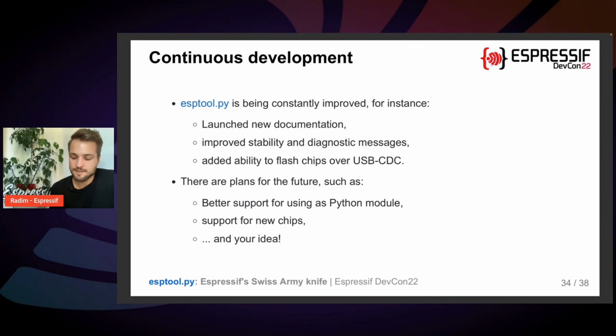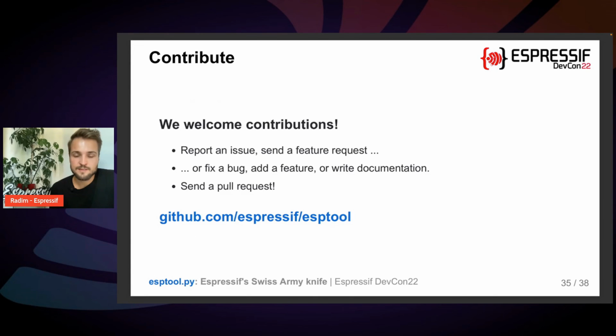So if you have any ideas, feel free to send a feature request, or you can contribute in other ways. Contributions are always welcome. You can report an issue, or send a feature request, or even better, you can fix a bug, add a feature, or write documentation.